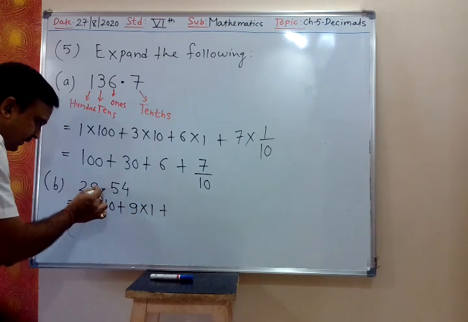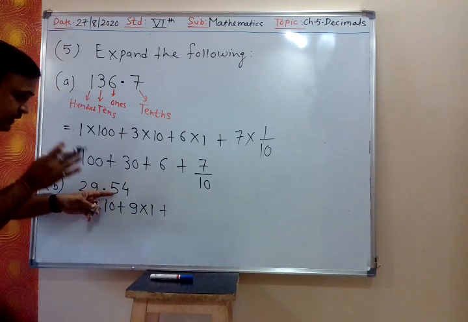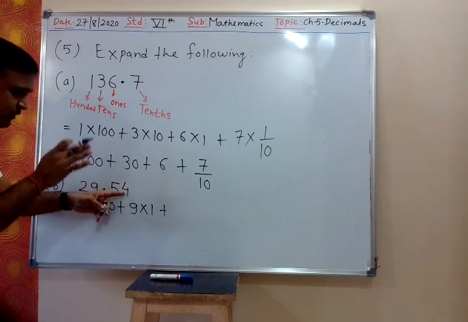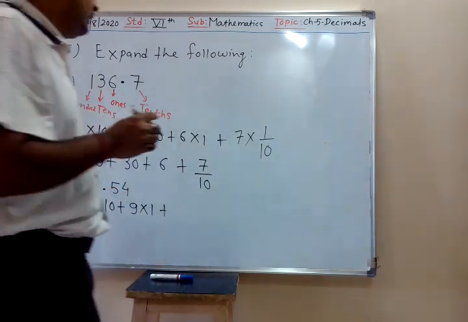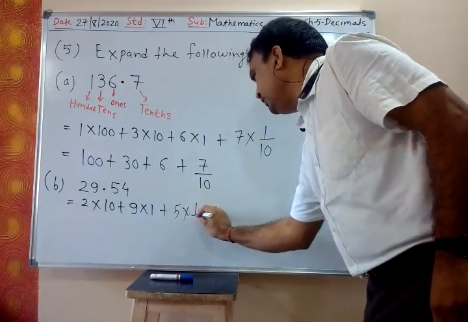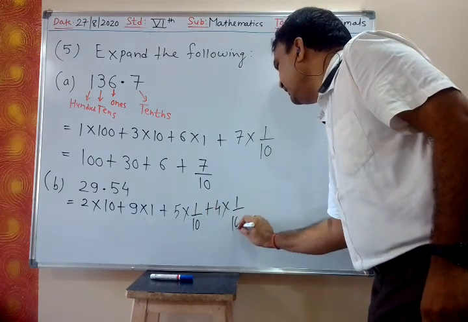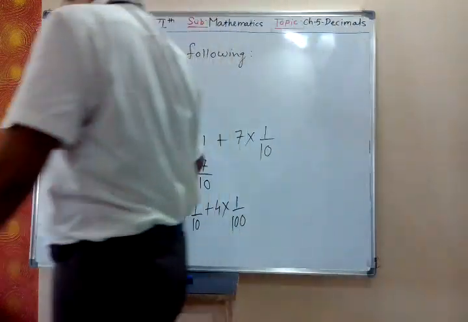Now after decimal, 5 is at the first position, so the position of 5 will be tenths, and the position of 4 will be hundredths. So this will be 5 into 1 upon 10 plus 4 into 1 upon 100. Now this I can simplify.